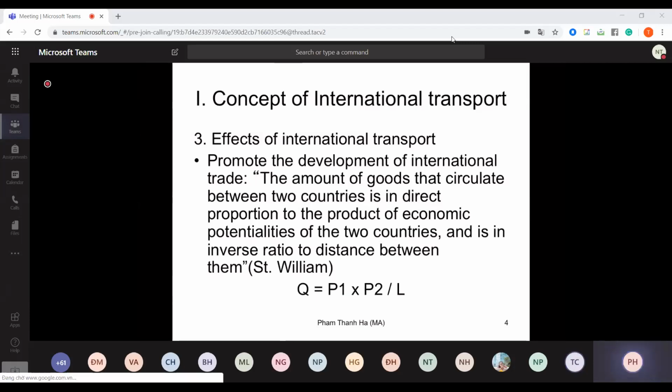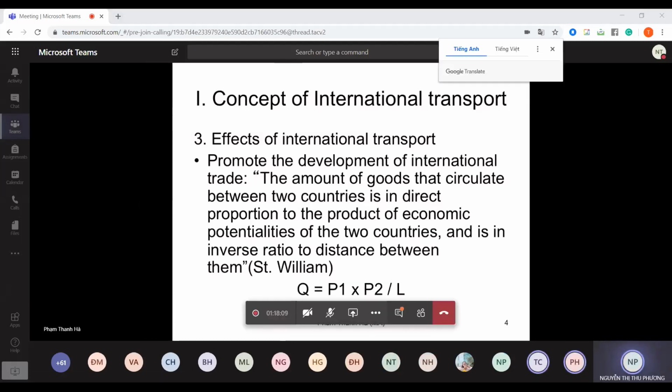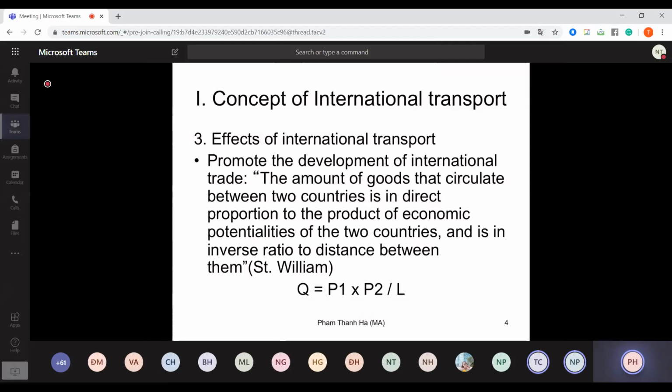The most popular one is geographical distance. Geographical distance, that's the first kind of distance. Is it possible to reduce geographical distance between two countries? No, of course not. Right? So, any other ones?